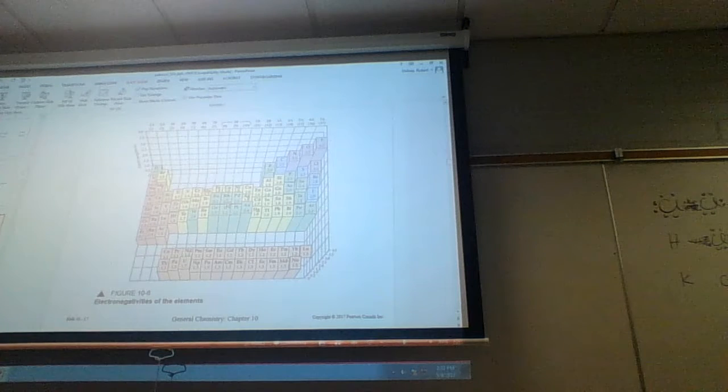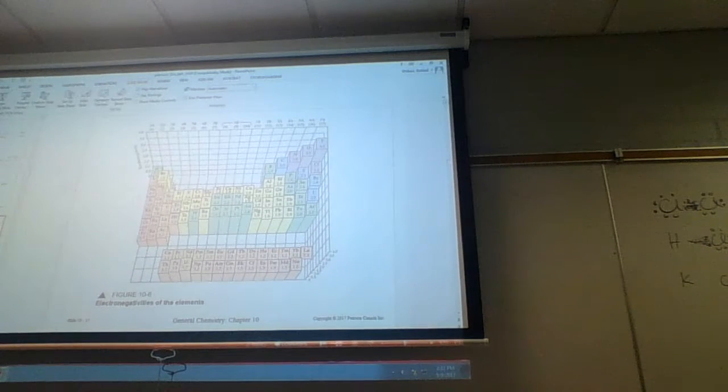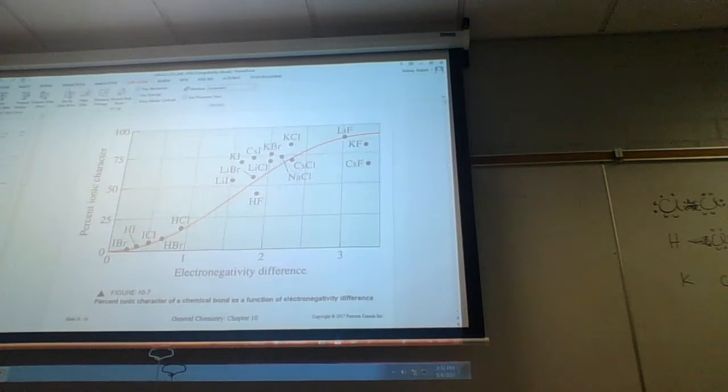This is why this correlation is so bad. This correlation is so bad because it's based on Pauling, basically, electronegativity tables. If we look at some of these other ones, perhaps they'll become more accurate, although these are all diatomics.